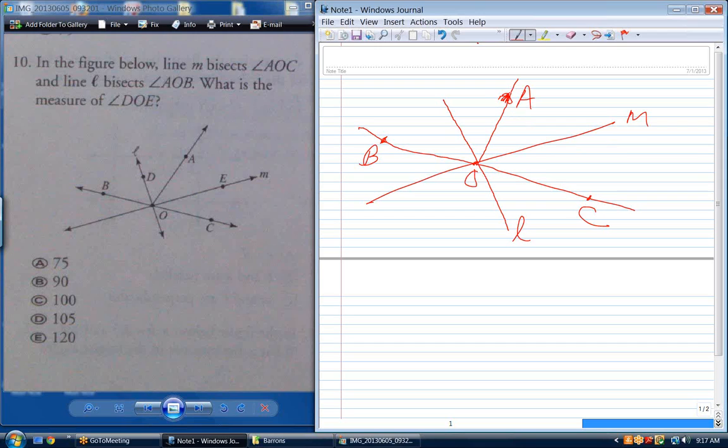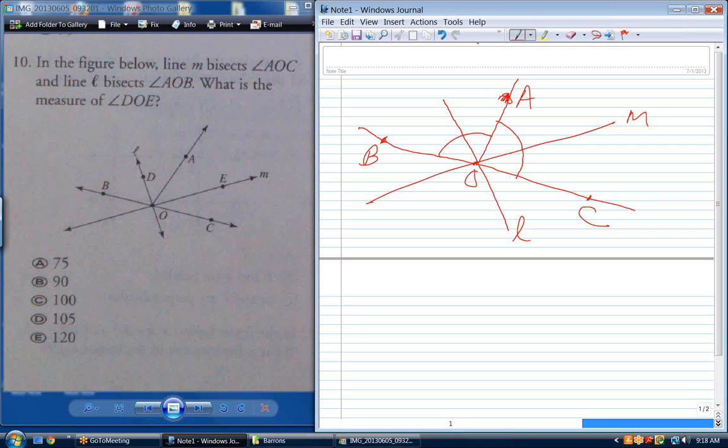Well, you just told me that AOB plus AOC adds to 180. Correct. So this has to be supplementary to that. So it's 90. It's 90 is the answer.